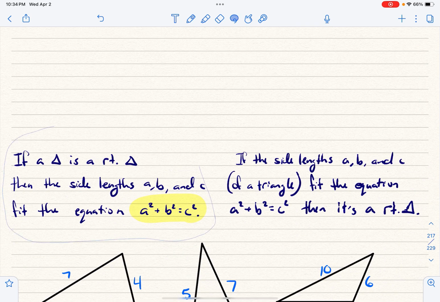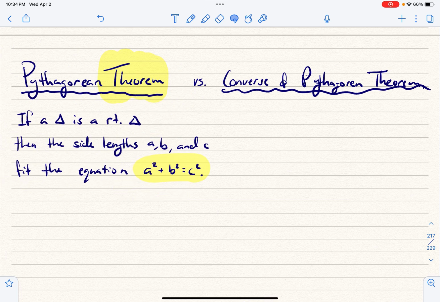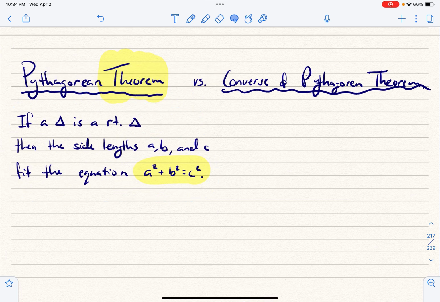It says that if a triangle is a right triangle, then the side lengths A, B, and C will always fit into the equation a squared plus b squared equals c squared.